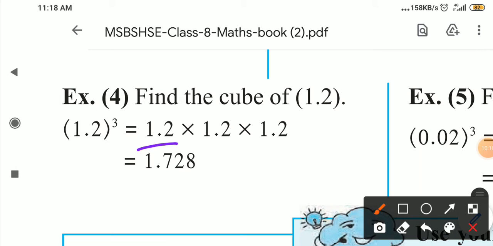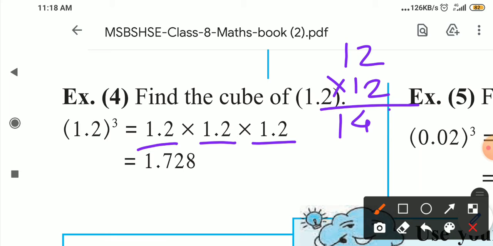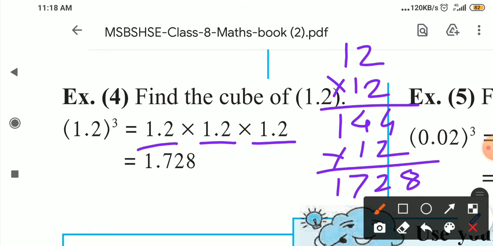So 1.2 into 1.2 into 1.2. Here you have to do the multiplication of 12 into 12, so its answer is 144. If you multiply it again with 12, you will get 1728. But now the main point is where we have to put the decimal point.